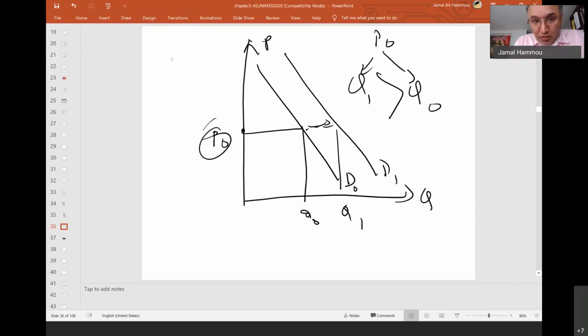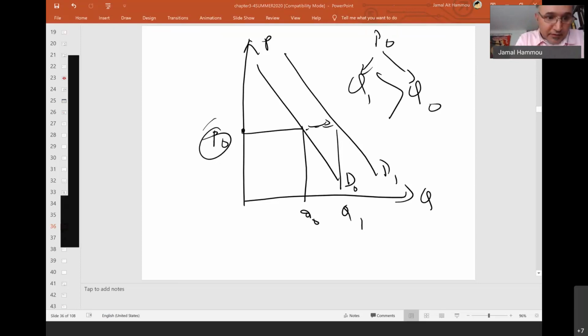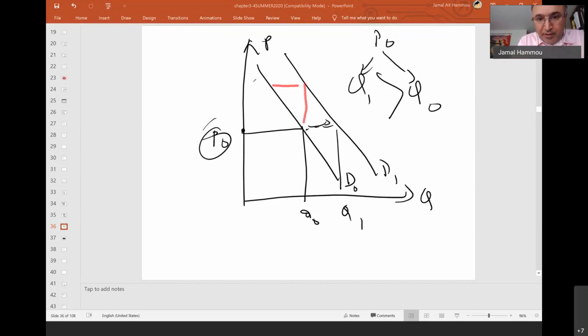Look at this, I can show you the other definition for increase of demand. I'm going to change the color. Look what happened: I can also have the same quantity Q0, but the price went up.